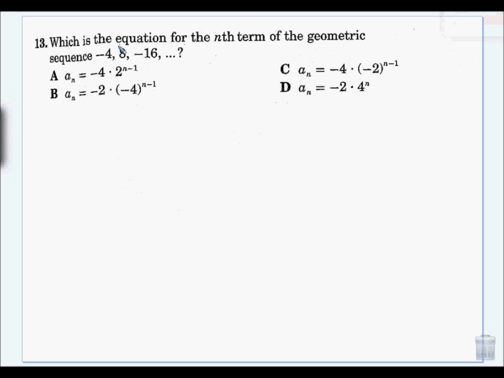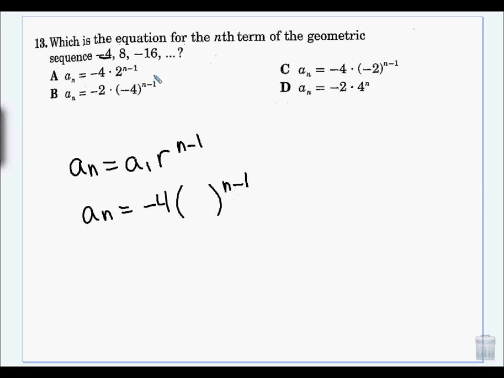Next. The equation for the nth term of the geometric sequence. Okay, so do you remember a sub n is equal to a sub 1 times r to the n minus 1? We have to figure out what that r is.